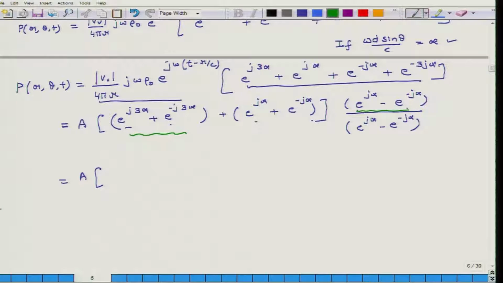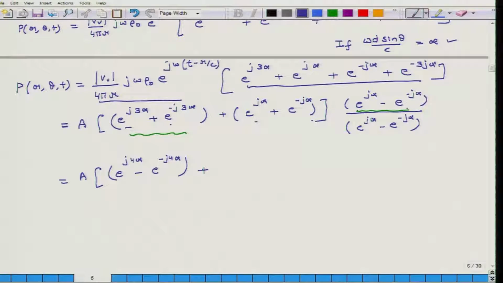So, what I get is e to the power of j 3 alpha times j alpha is exponent j 4 alpha, and then when I multiply minus 3 alpha with minus alpha, I get minus exponent minus j 4 alpha.